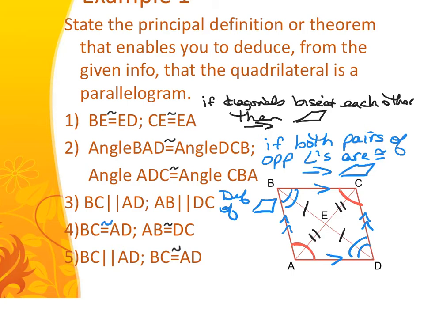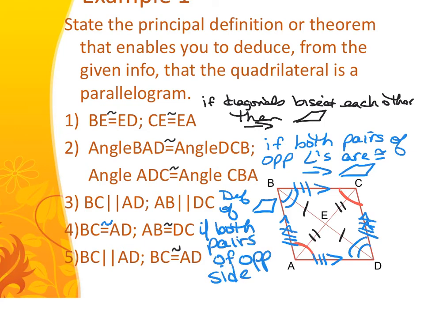Next one, number 4. They're telling me that BC is congruent to AD, and AB, marked 1, 2, 3, 4, is congruent to DC, marked 1, 2, 3, 4. So this reason would be if both pairs of opposite sides are congruent, then we have a parallelogram.